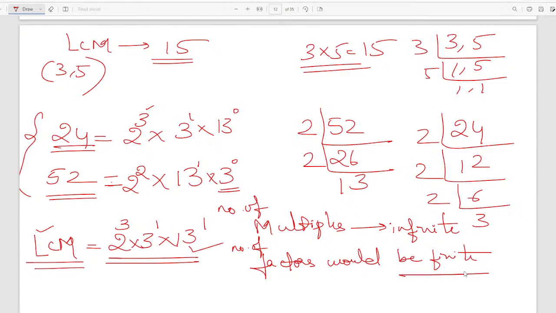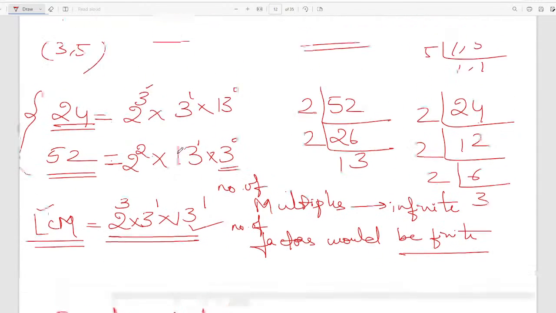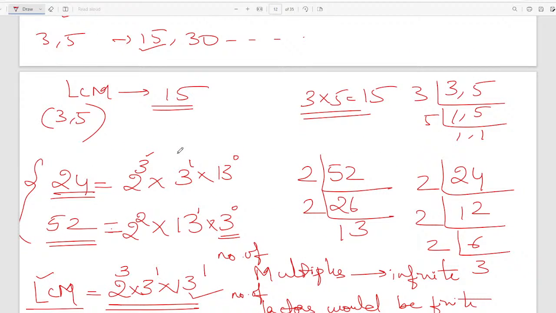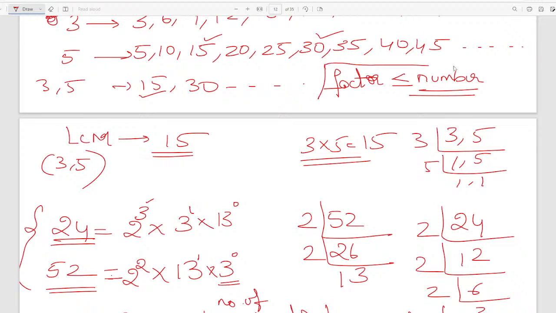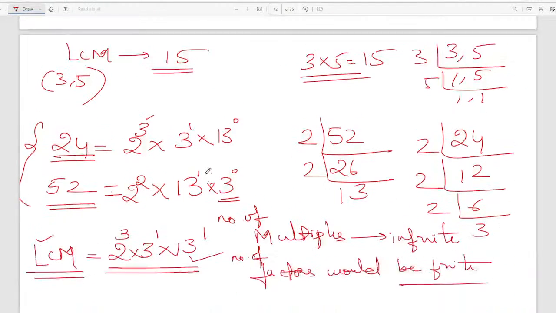I hope this is clear, because the factors cannot be greater than the number itself. The factors can be equal to or less than the number. All the factors have to be less than or equal to the number itself. A factor of a number cannot be greater than that number itself. Is this clear till now?